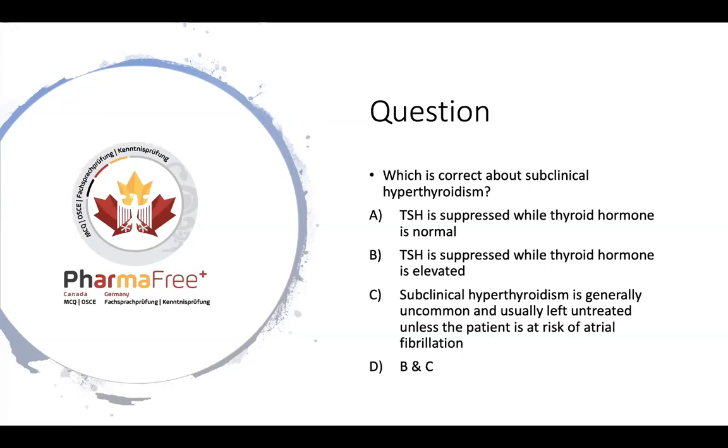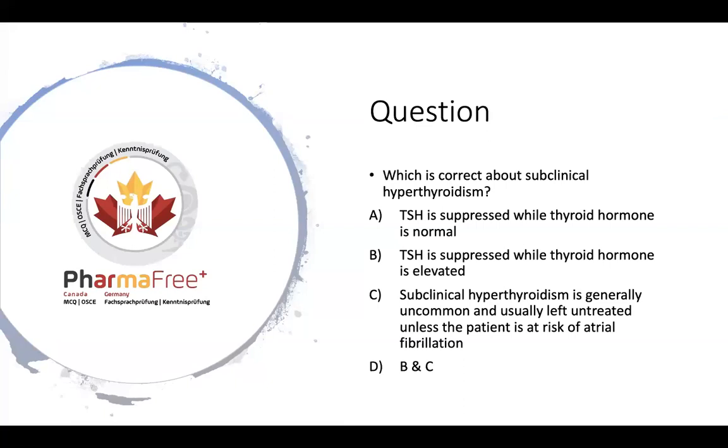Doctor, does the opposite happen? Like the T4 and T3 are elevated or decreased, and the TSH is within range? You mean if TSH is normal while T4 is elevated or down?